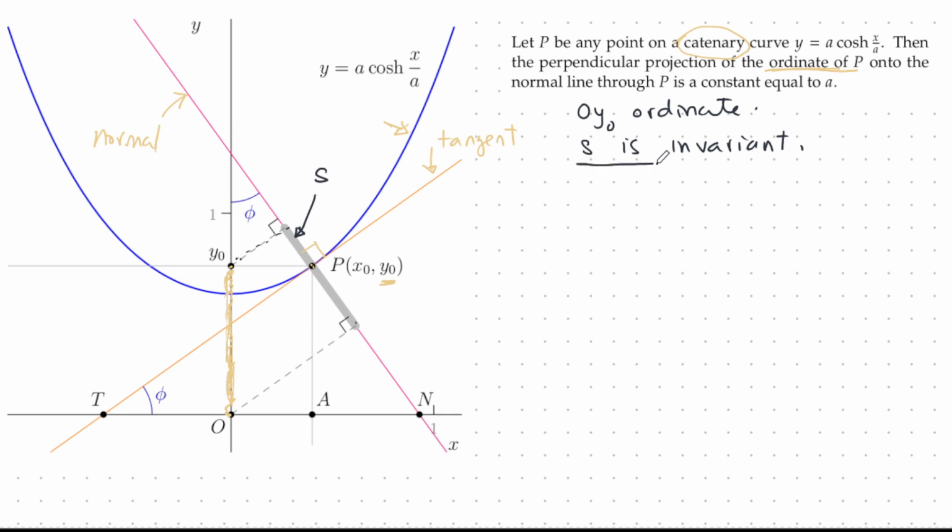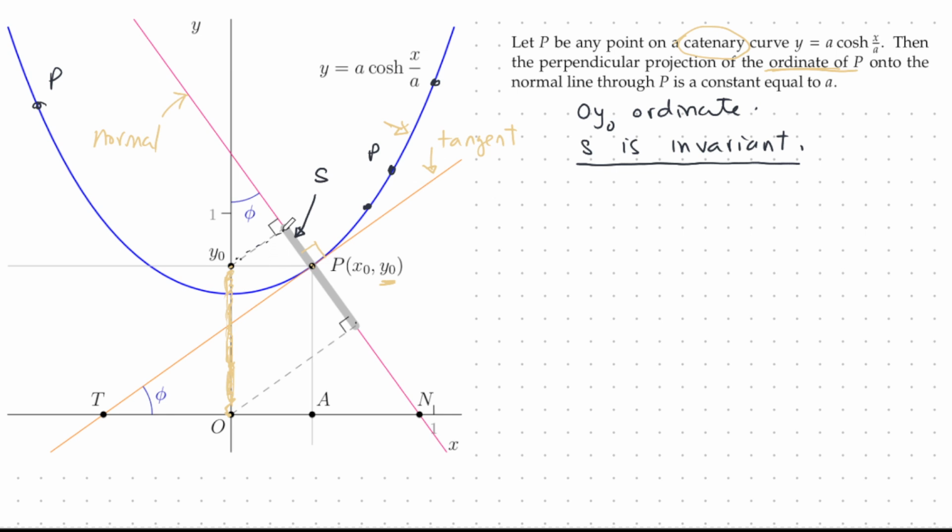That's what this is all about. If I move P anywhere along this curve, let's say I put P here, or here, or anywhere, or even out here, it won't make a difference. The length of this projection is always going to be the same.